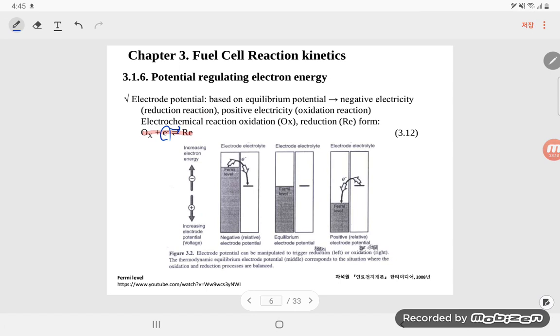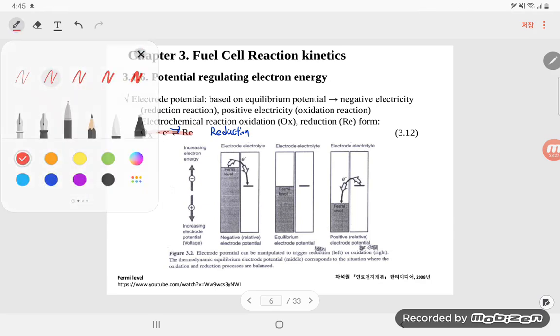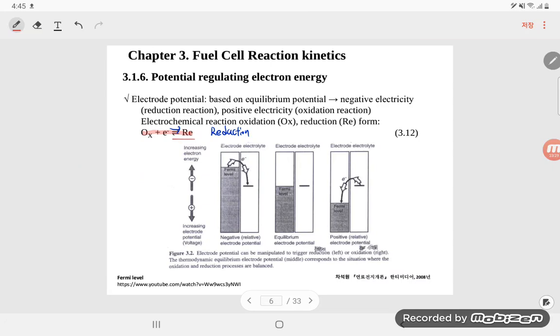And this direction is the reduction. And how can you call the reverse direction reaction? We can call it oxidation.